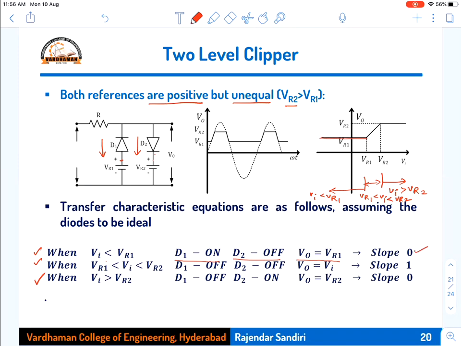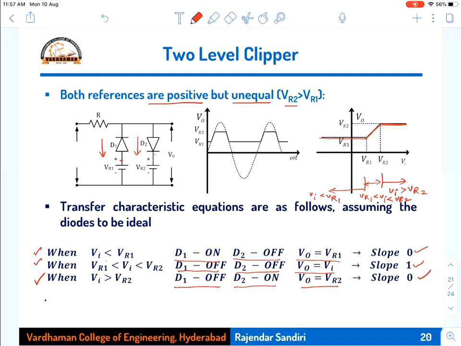Now, in between VR1 and VR2, both the diodes will be off and your output voltage is the same as the input voltage and the slope will be 1. And for Vi greater than VR2, D1 is off and D2 is on and V0 is equal to VR2. Therefore, the slope is equal to 0. So you will get the transfer characteristics like this.